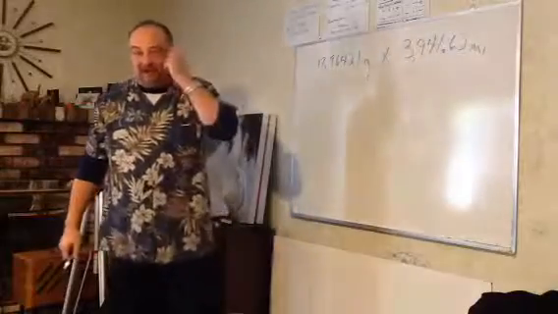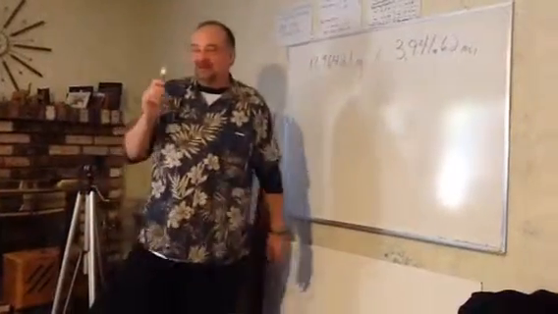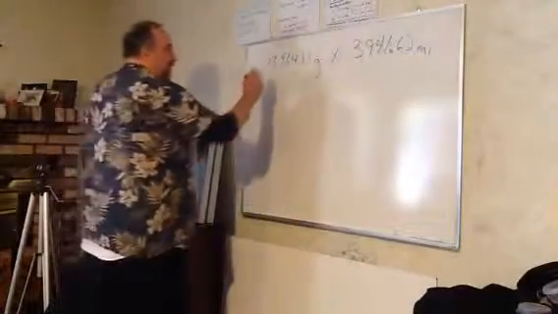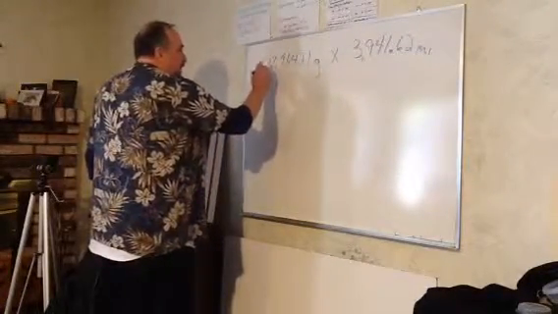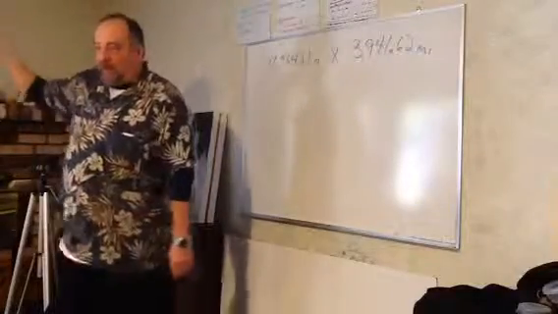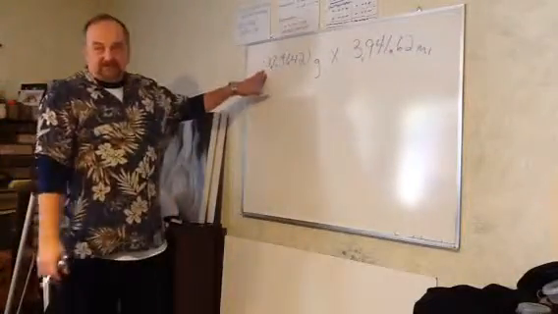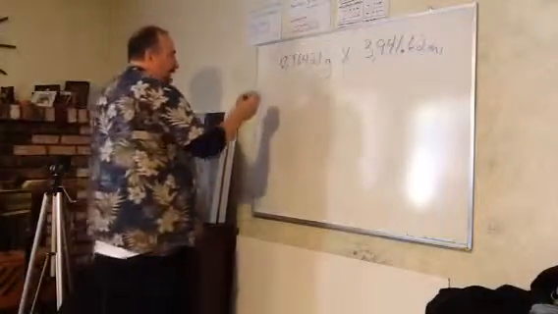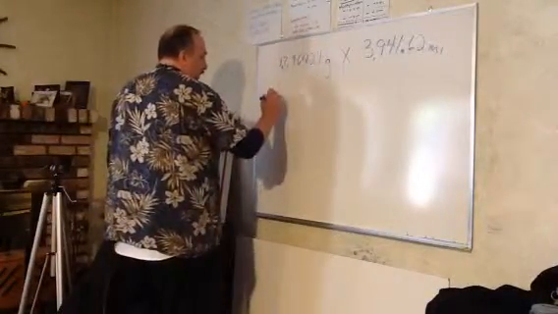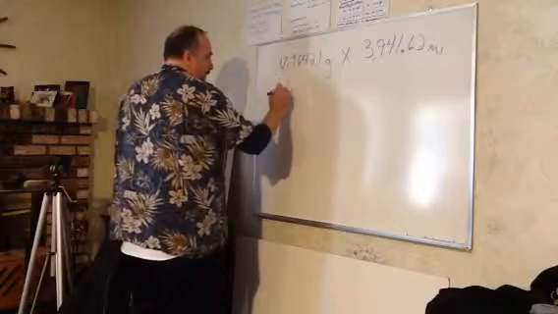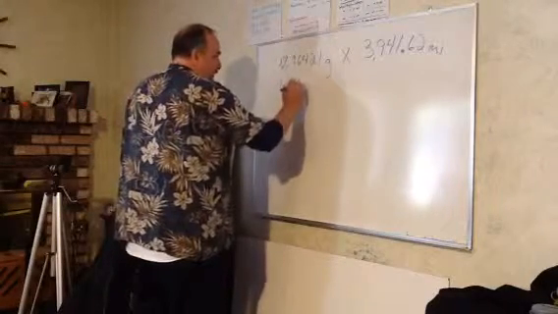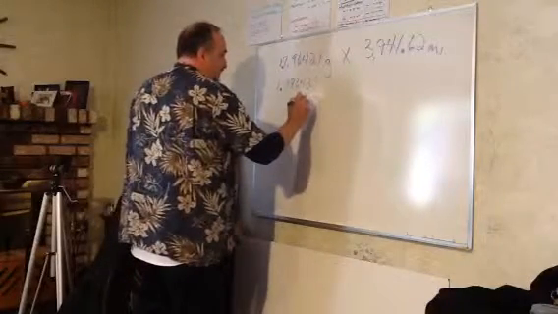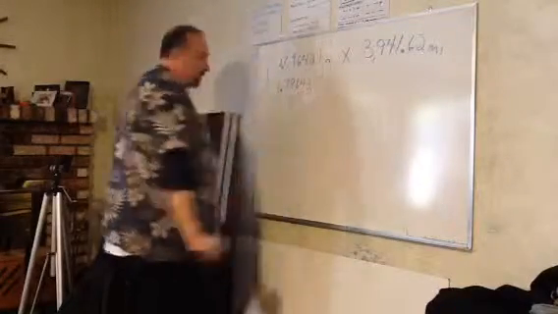The magic of lesson 2.10 lies in moving the decimal points to where there's just one number to the left of the decimal point. So I go 1.796421 times 10 to the first.